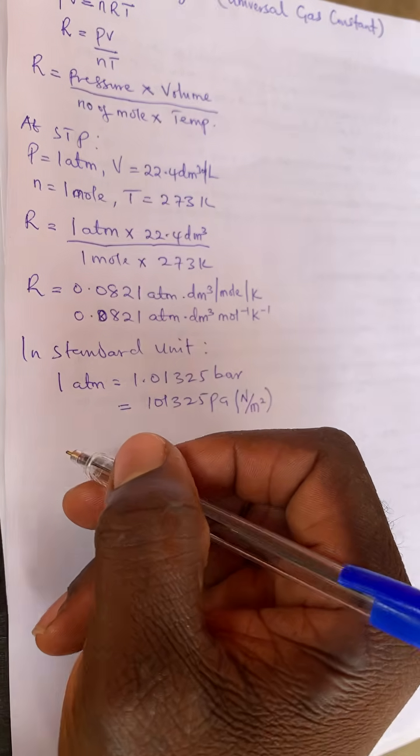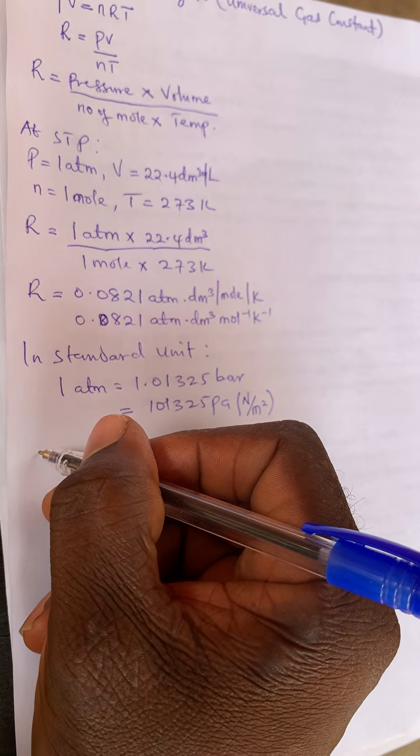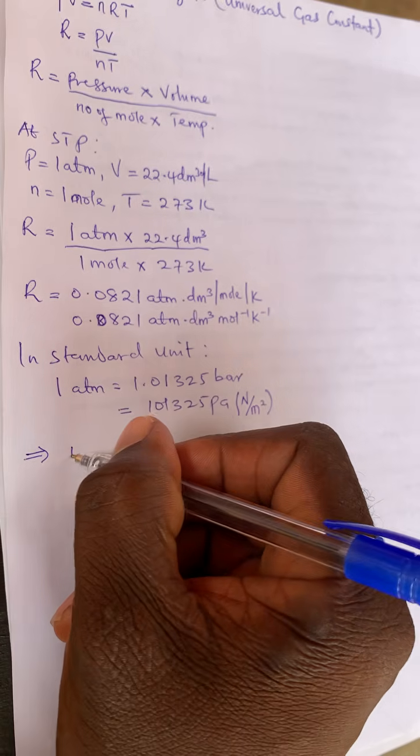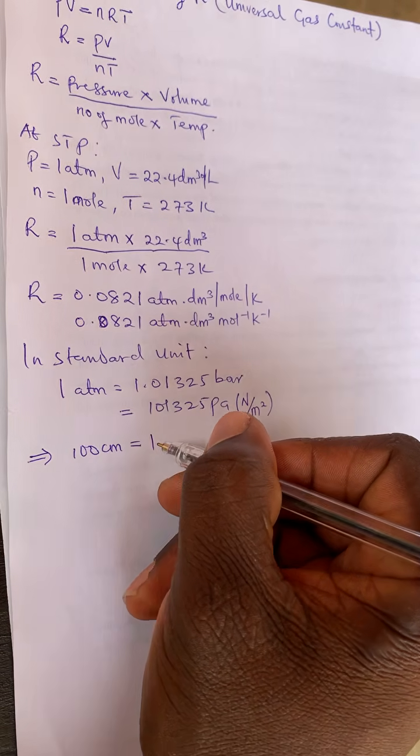Maybe we should derive it so that I don't give you a straight value. If you remember, 100 cm is equal to 1 meter.